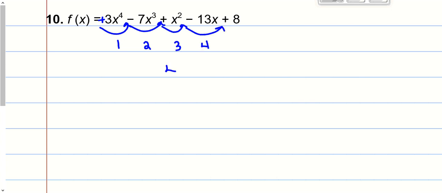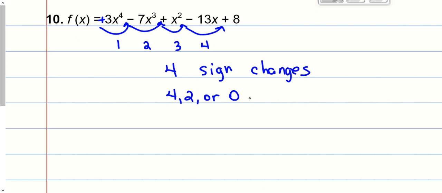So with 4 sign changes, we will have 4, 2, or 0 positive real solutions, or real zeros. So remember, you're subtracting 2 every time. You're not going to go into the negatives, but 4 minus 2 is 2, 2 minus 2 is 0, so we have to have 4, 2, or 0 on that one.